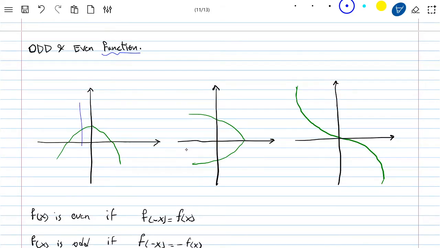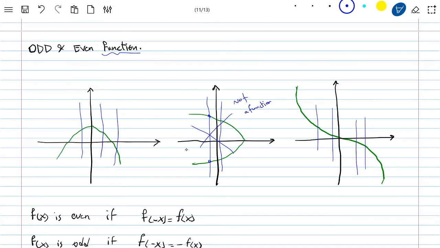This one is possible because every vertical line crosses at most once. The middle one is not possible because now you have 2 points with the same x value. So this is not a function. And on the right-hand side, every vertical line crosses once. So this one is a function as well.